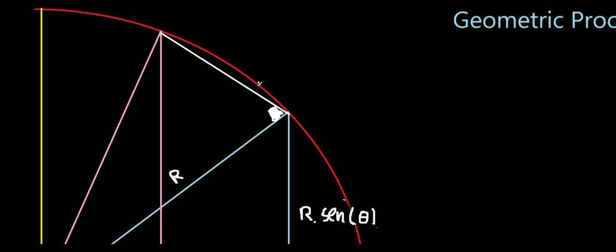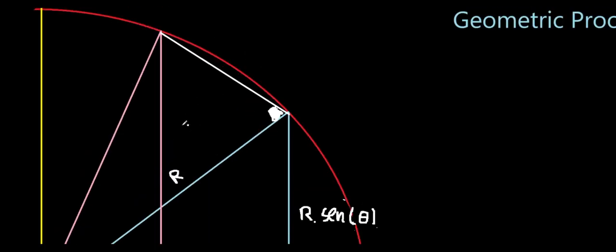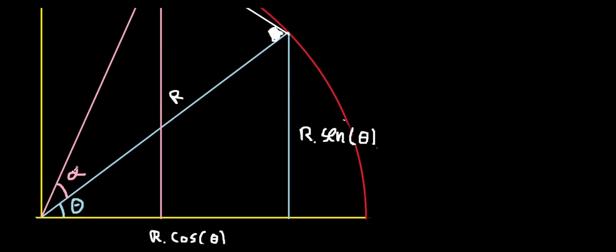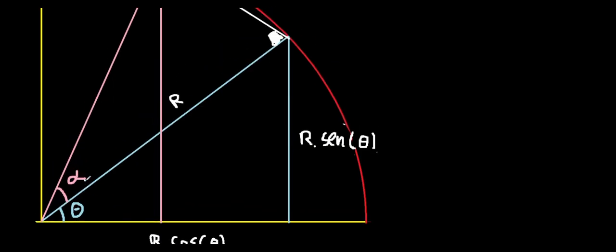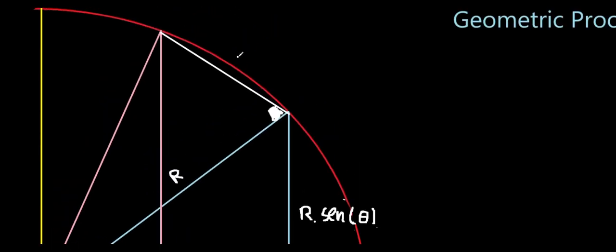Next, since the sky blue is orthogonal to the pink radius, here is alpha.